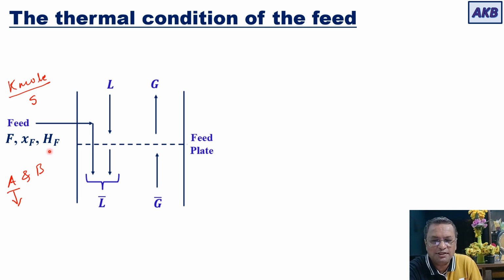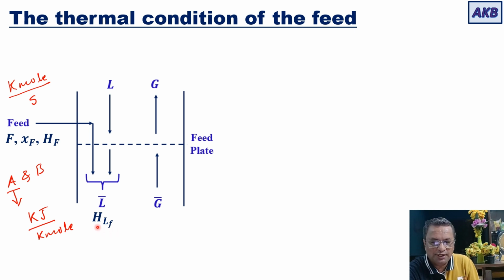HF is the molar enthalpy of the feed. What is molar enthalpy? Molar enthalpy has units, for example, kilojoules per kilomole. Then L bar is the molar flow rate of liquid, and for this liquid, HLF will be its molar enthalpy per unit mole.